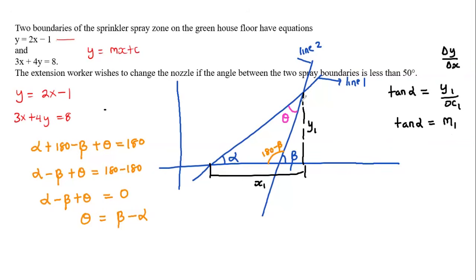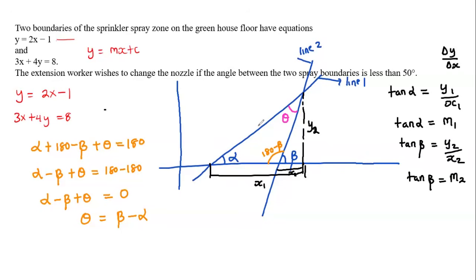Similarly, for tan of beta, for the second line, I can call this y2 and this distance here x2. So tan beta will be y2 over x2, meaning that tan of beta equals the gradient, which we can call m2.